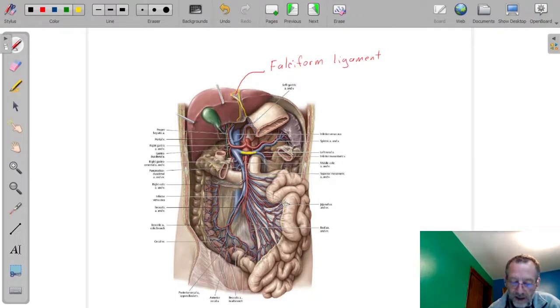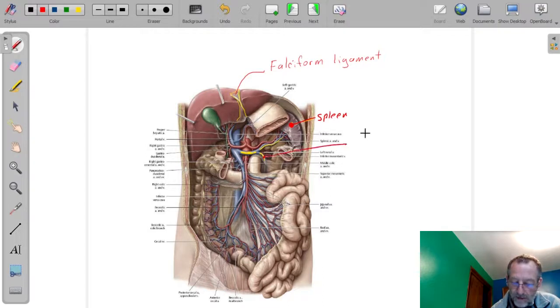There is the spleen, of course. So yeah, here is the splenic vein, merges with the inferior mesenteric vein.